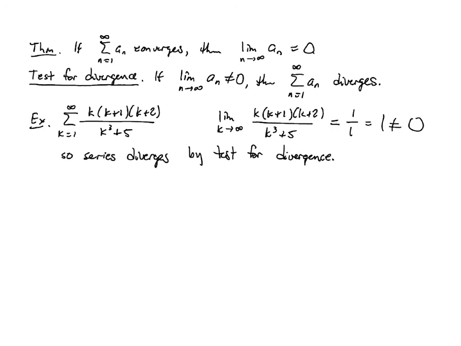Now, another example that's really important for several reasons is the so-called harmonic series. The harmonic series is the following. We look at the summation n equals 1 to infinity of 1 over n.